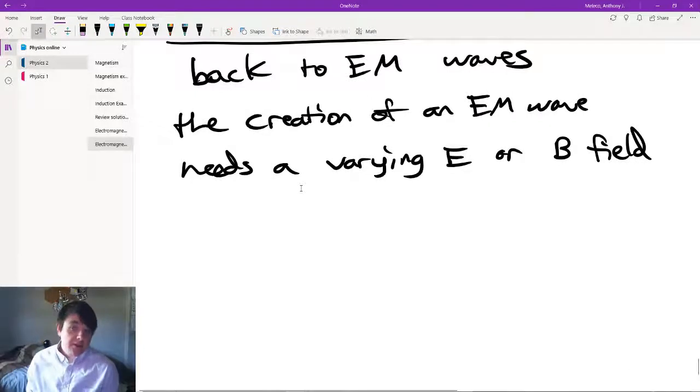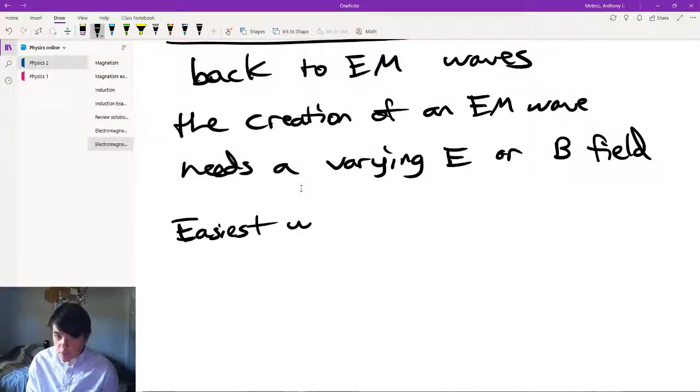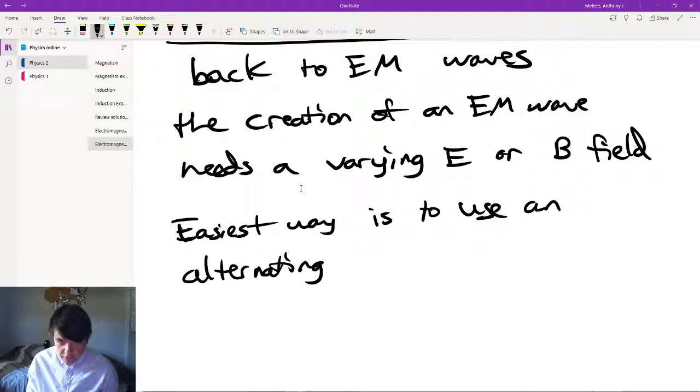As I said before, you need a varying field to pull it off. But how people create them in the first place, the easiest way is to use an alternating current.